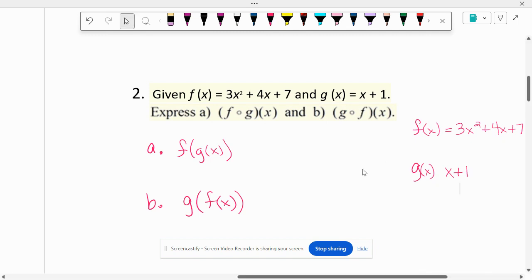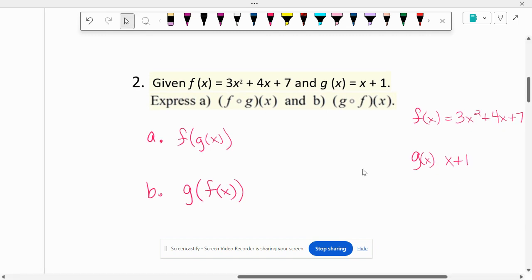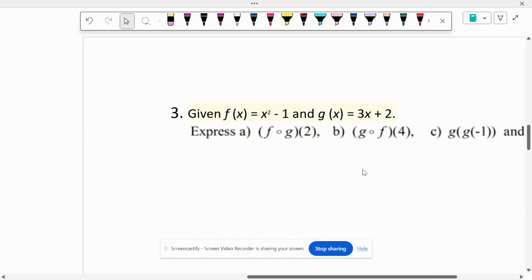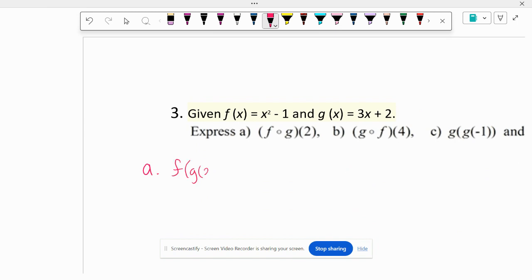Like I said, I'll work these out and do a screenshot. And then number 3, you're asked in A to find f of g of 2. And then example B wants you to find g of f of 4.